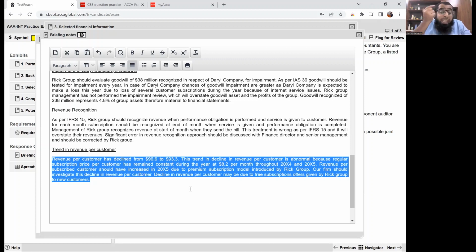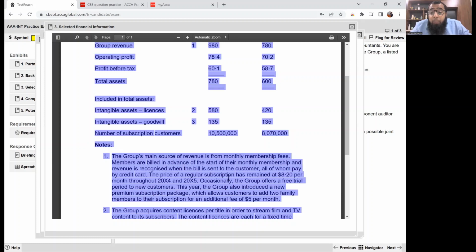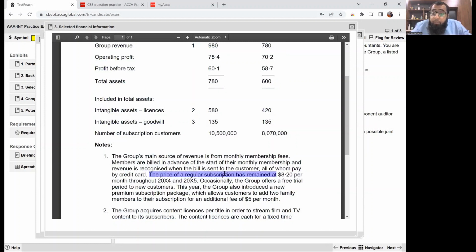Now you must be thinking, how did my mind go towards that? So look here. He himself referred to the price of the subscription. Then we read group revenue, and at the very front of the screen, we can see the number of subscription customers. So we just calculated the per customer price.